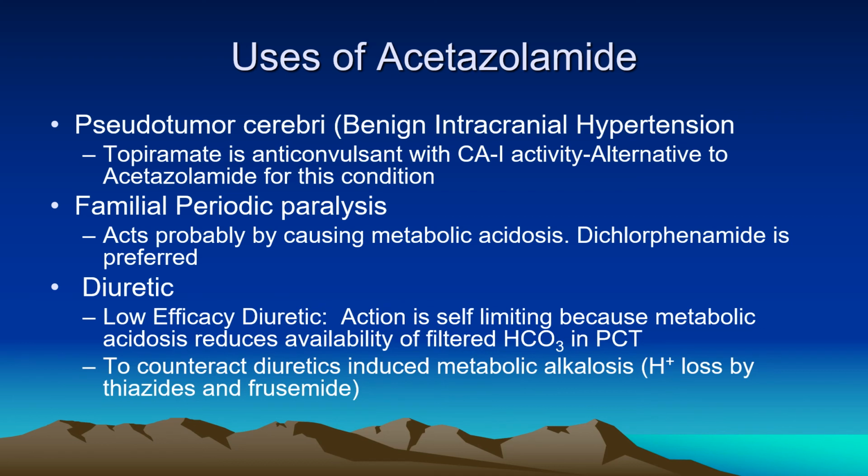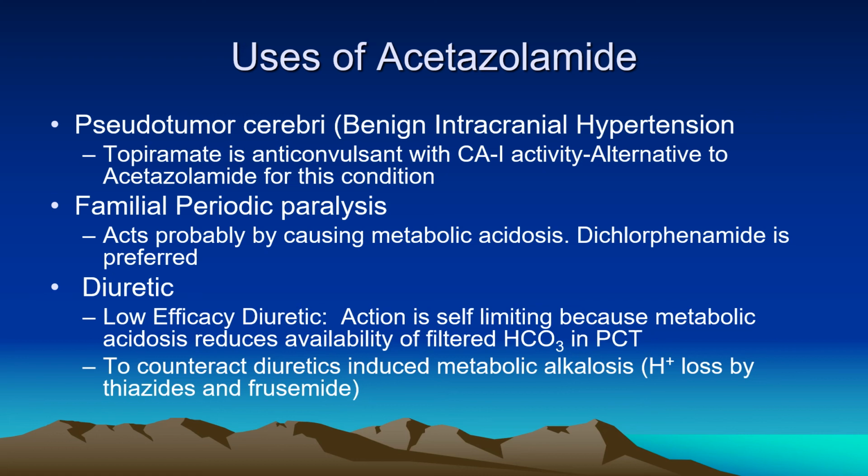As a diuretic, I told you earlier also, it is a low efficacy mild diuretic, and with continuous use the diuretic activity reduces. The action is self-limiting because there is metabolic acidosis. The body tries to conserve bicarbonate, so there is little bicarbonate filtered.